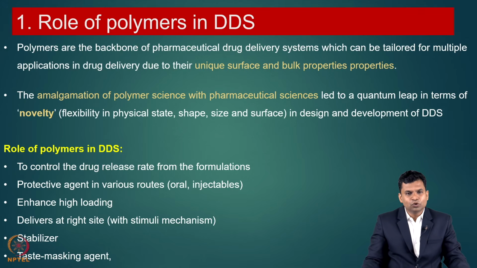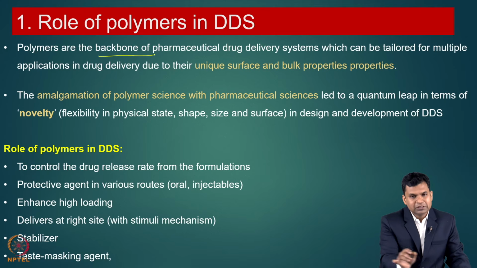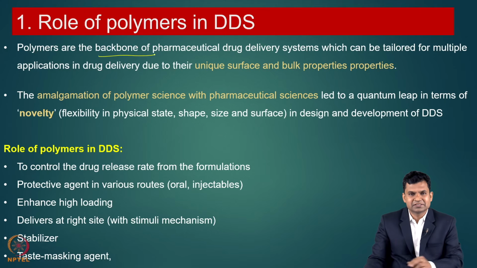As we know, polymers are macromolecules, a collection of monomers, and in our daily life we use a lot of polymer based materials in packaging, food application and other non pharmaceutical applications. Even in pharma, polymers are the backbone of the pharmaceutical industry.